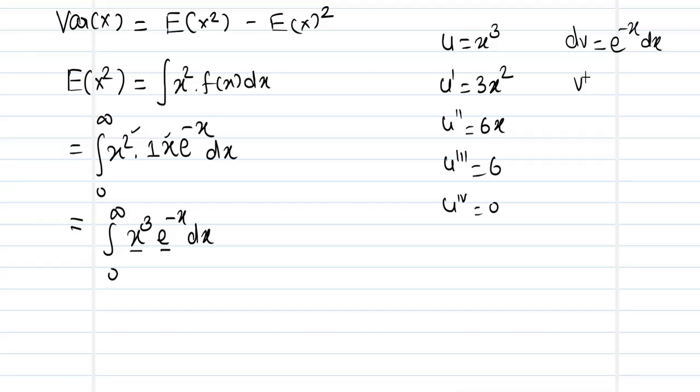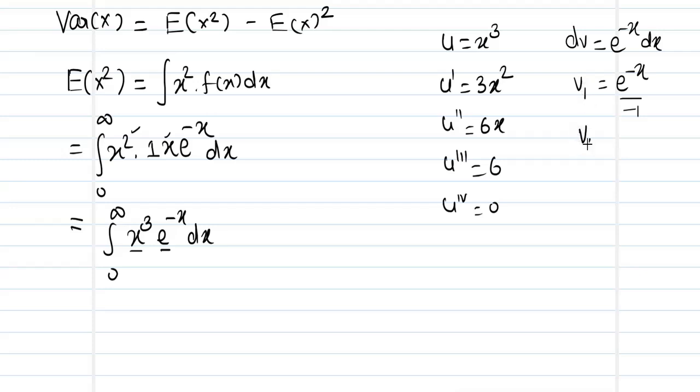So what will be the first integral, v1? v1 will be equal to e power minus x by minus 1 on integration. We will write 1 in the bottom so that we are not getting confused with the derivative. So the bottom one stands for integration.